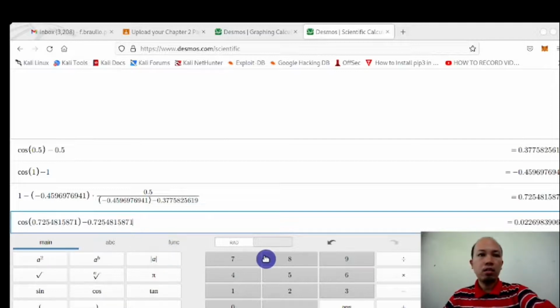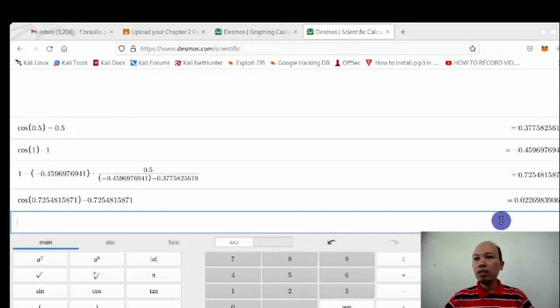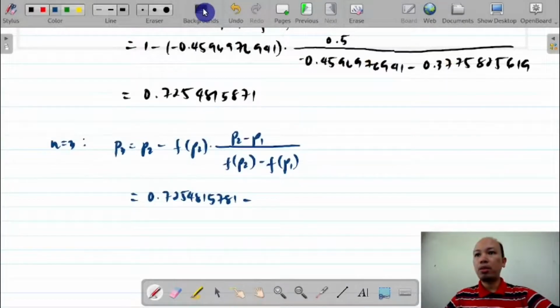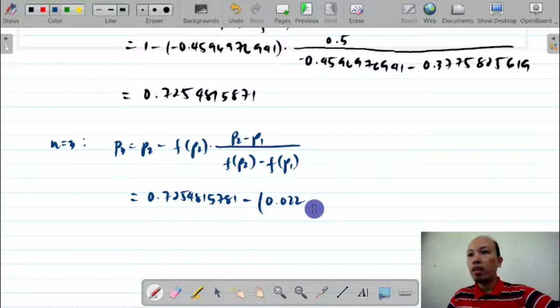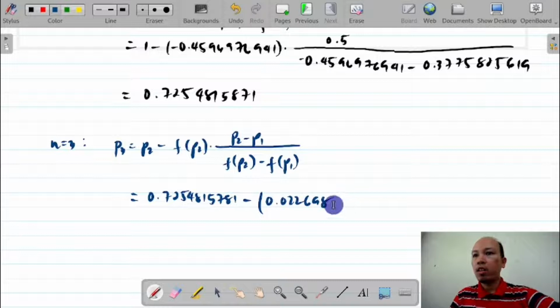Okay, so the answer is 0.022. So let's go to our open board, 0.022 698 39061.